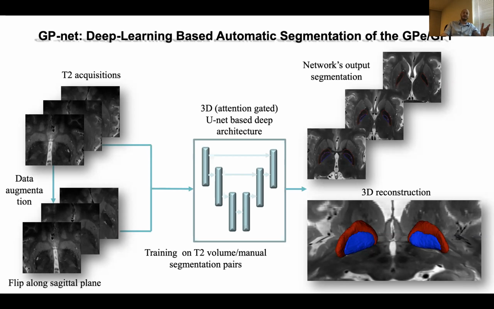And at the end, that U-Net is able to produce a 3D segmentation of both left and right GPE and GPI, as you can see in the lower right portion of the screen, as an example.